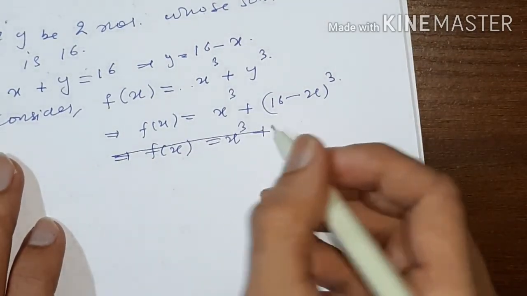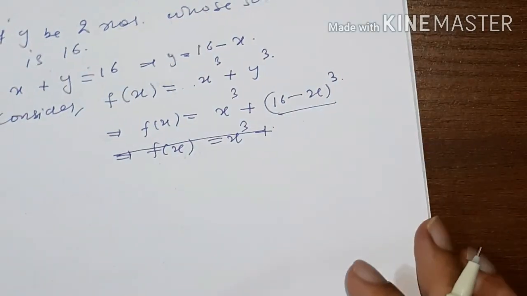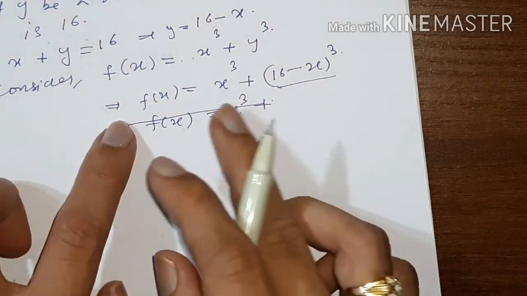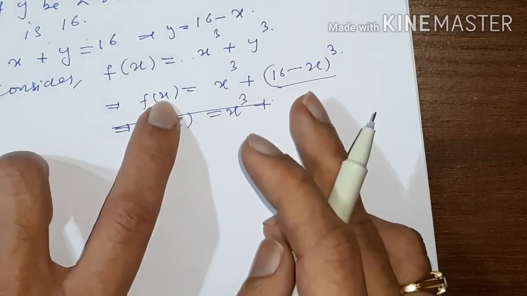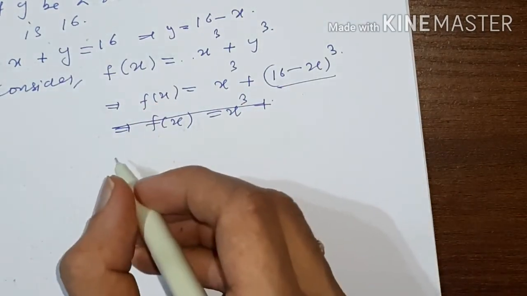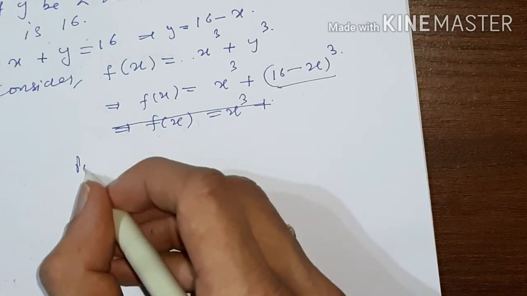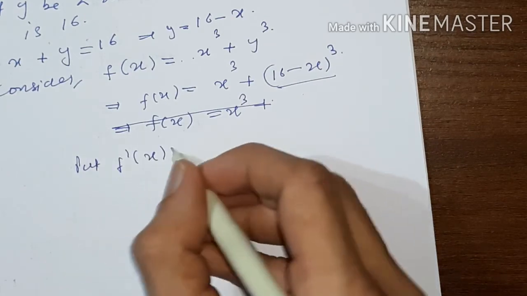This we need not expand, because to take the derivative and find the critical points it will be difficult. So what we will do is directly put f prime of x equal to 0.